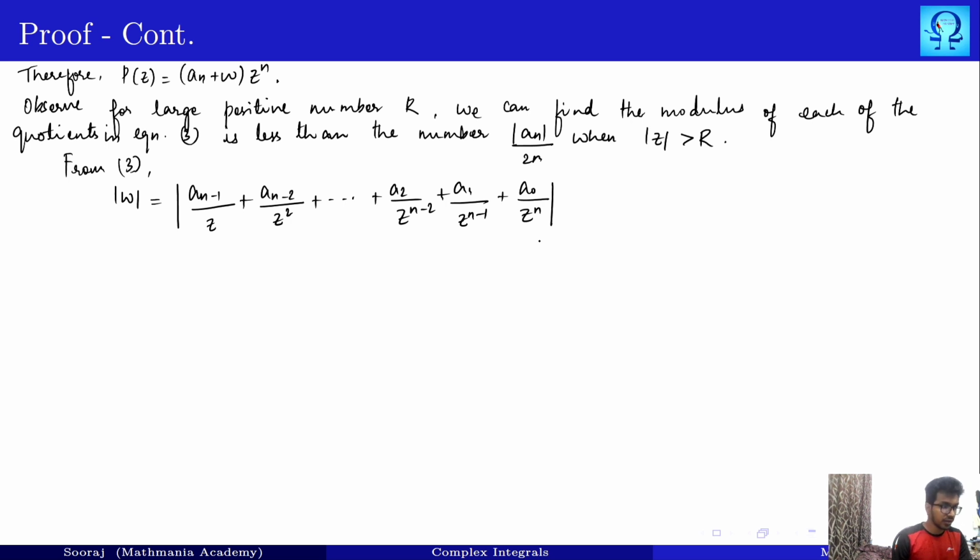This is what we have. By the generalized triangle inequality, we have this quantity to be equal to this and this quantity to be equal to this.